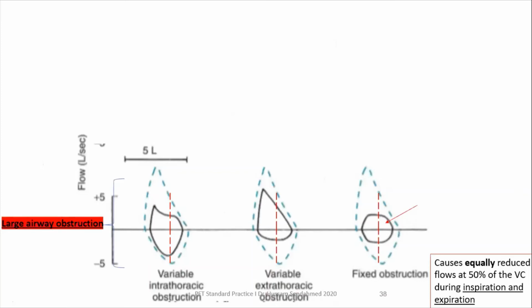Now, if you remember, I told you before that the FEF 50 to FIF 50 ratio is less than 1. So in variable intrathoracic, we said what is out is in. Since it is variable intrathoracic, this will be affected.